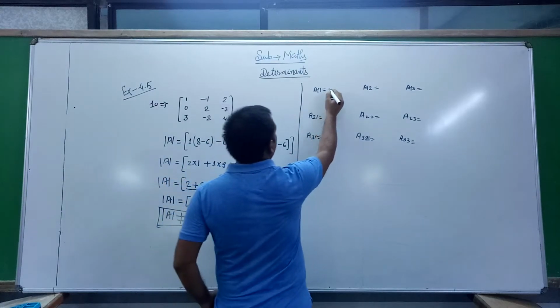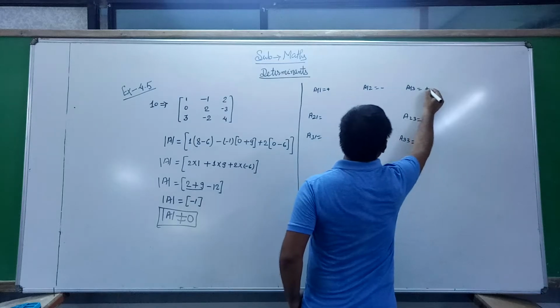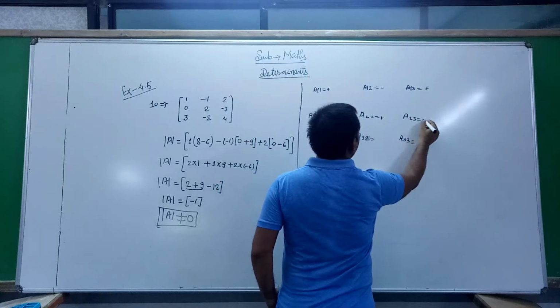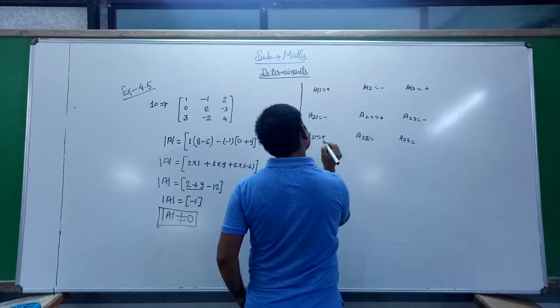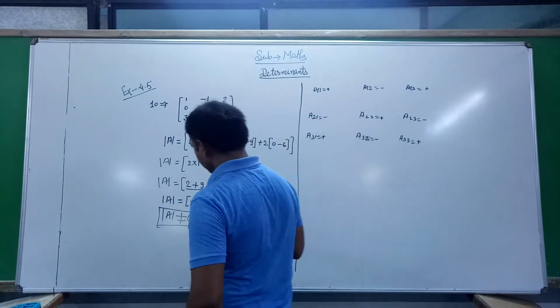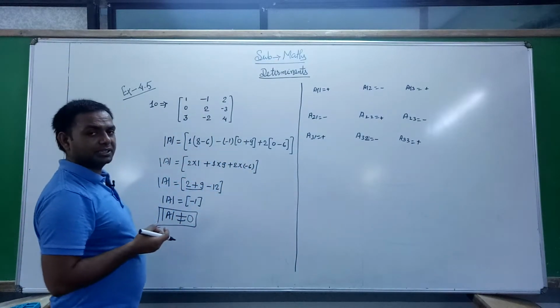Here this sign is positive, this is negative, this is positive, this is negative, this is positive, this is negative, this is positive, this is negative, this is positive, because it is minus 1 to the power i plus j.